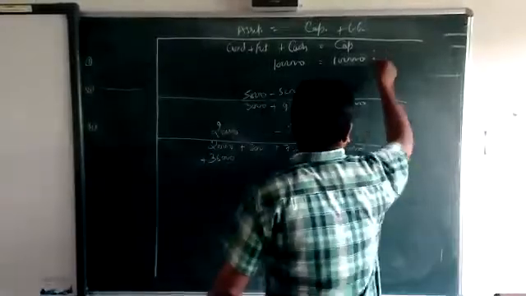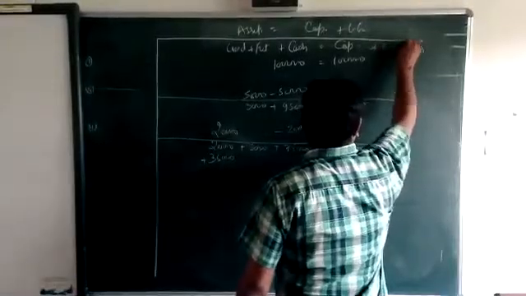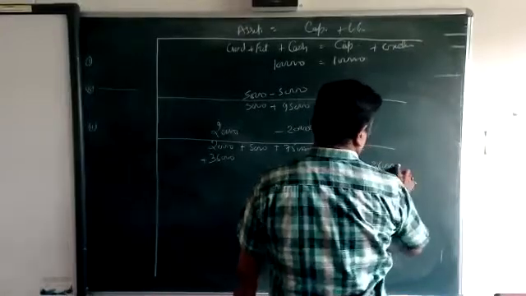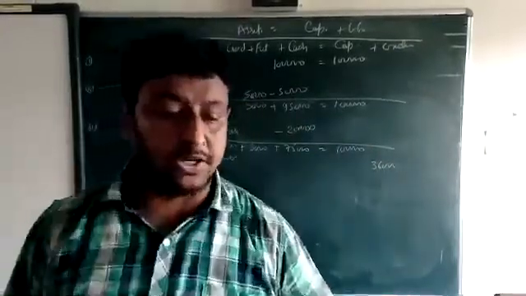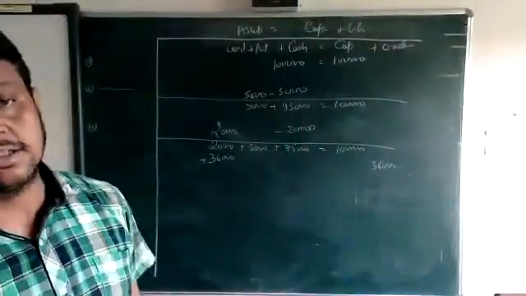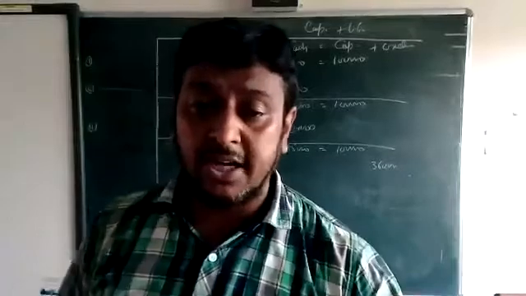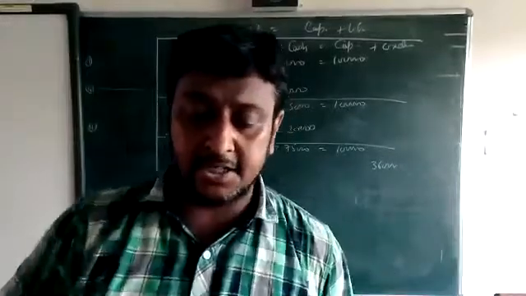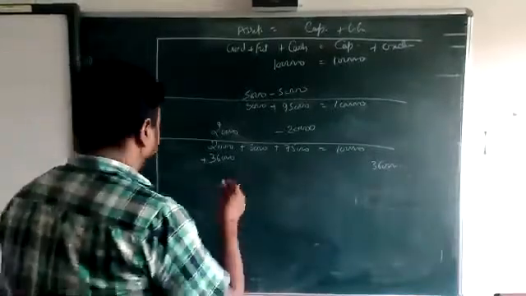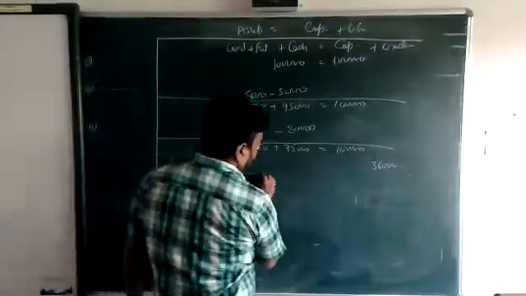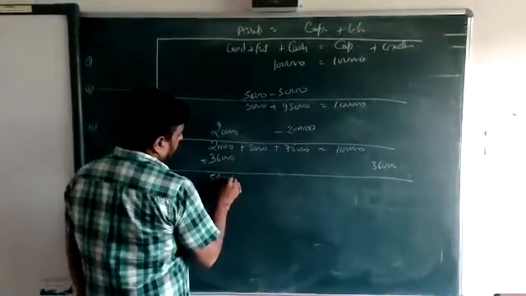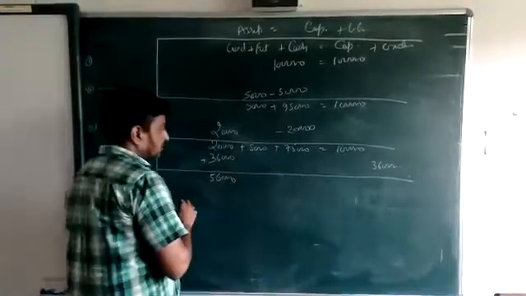We are going to make the creditor on this side, and the creditor amount, beta, is 36,000. That 36,000 we are showing. Okay, on that side make one creditor head.